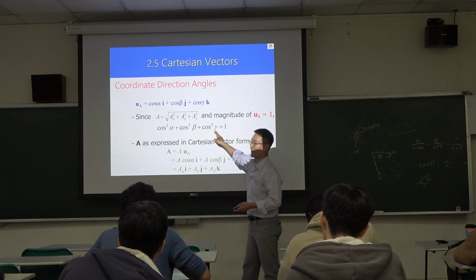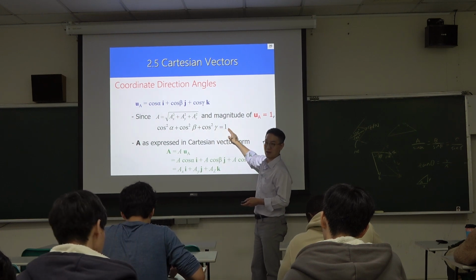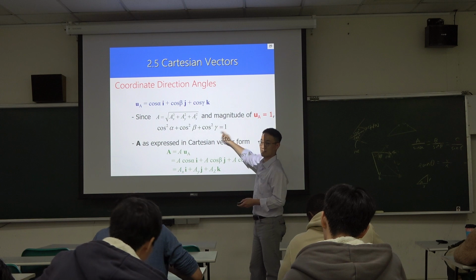Alpha, beta, gamma, okay, equal to 1. Okay, clear?